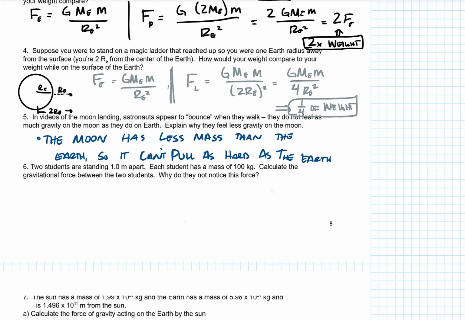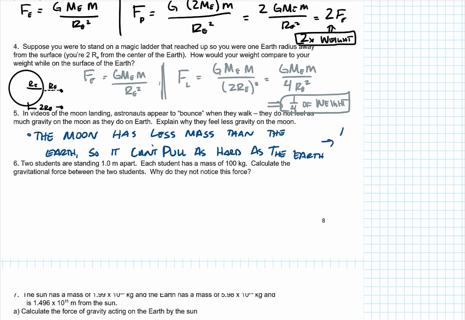So what that means is that the astronauts have less weight on the moon than they do on the Earth because there's less mass to the moon.